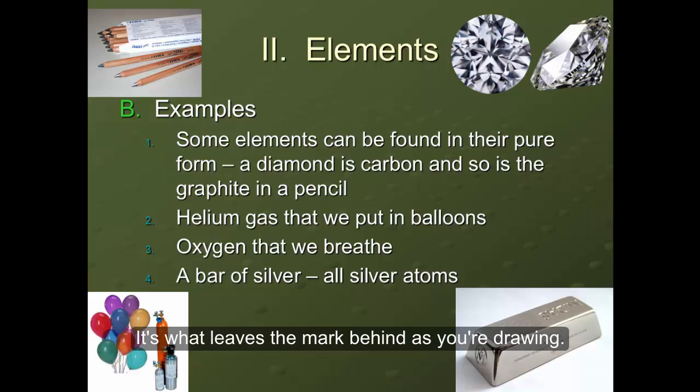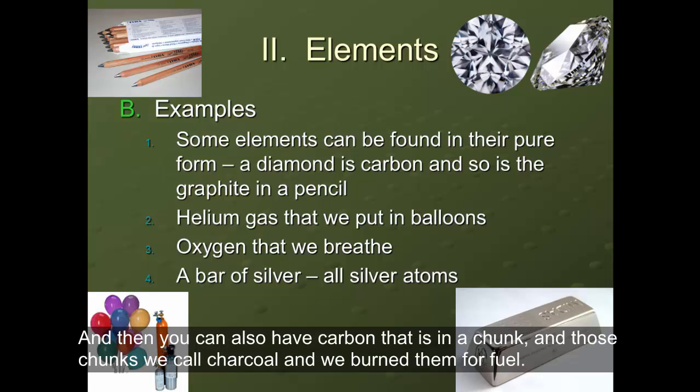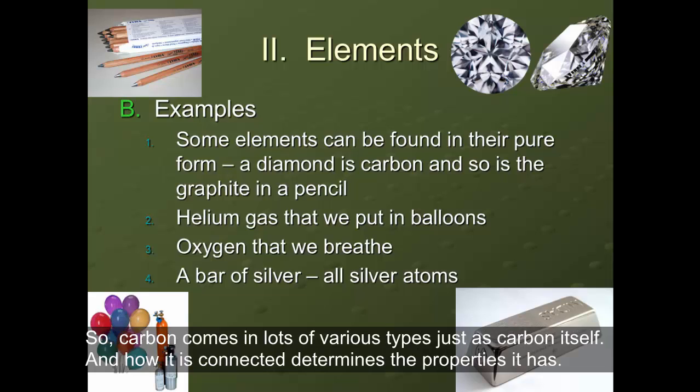It's what leaves the mark behind as you're drawing. Then you can also have carbon that is in a chunk, and those chunks we call charcoal, and we burn them for fuel. So carbon comes in lots of various types, just as carbon itself, and how it is connected determines the properties it has.